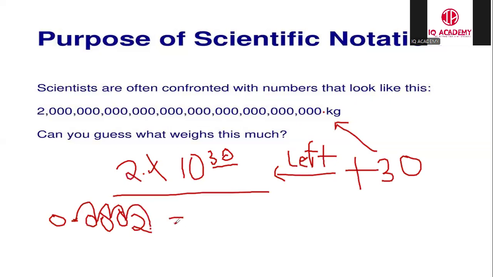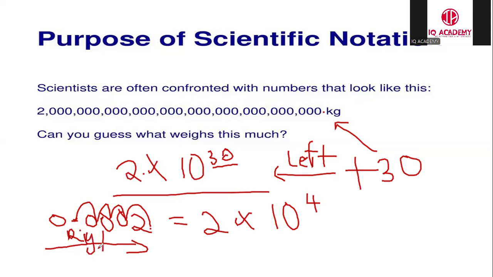So this number is the same as 2 multiplied by 10 to the power 4, but this 4 is going to be negative. Why? Because I was moving in the right direction. If you move to the right, it means your power will be negative. Then if you move to the left, it means you have a positive power. I hope that is clear.